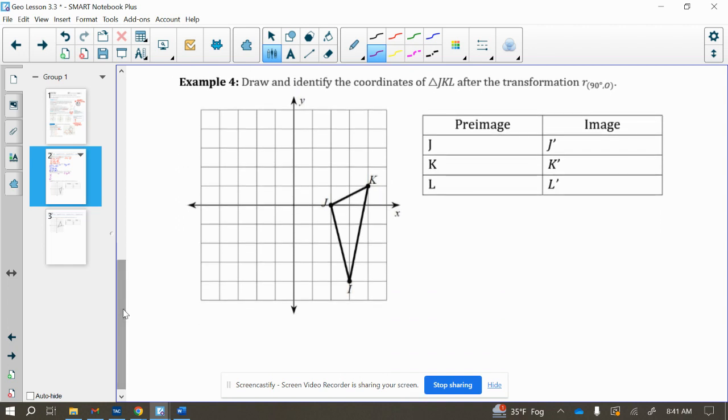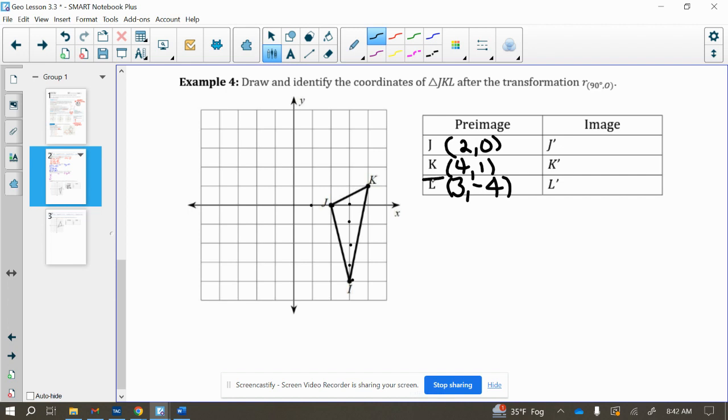Now, we also want to be able to draw our own graph here and rotate these points. So if we look at our original pre-image, we have J, K, and L. J was at 2, 0. K was at right 4, up 1 from our origin, and L was right 3, down 4.